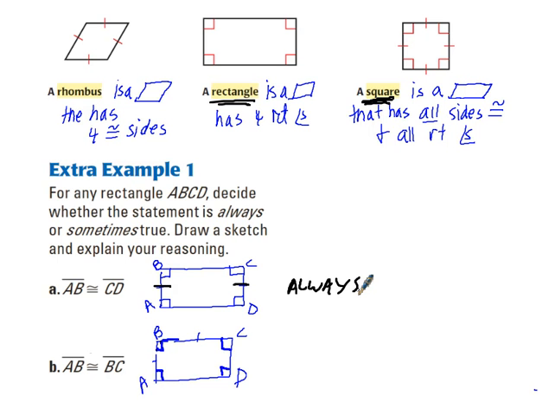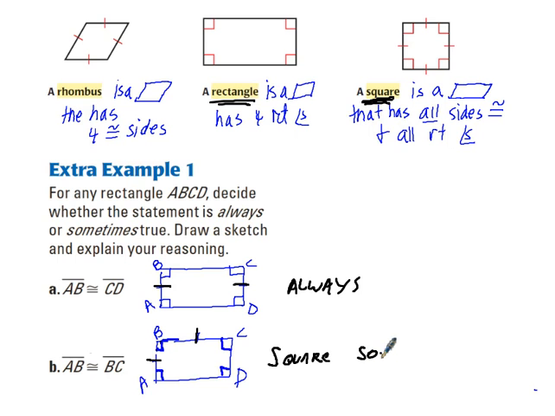Down below we have four right angles that appears to make it a rectangle, but is it always true when AB is congruent to BC? Is that sometimes something other than a rectangle? For instance, a square.